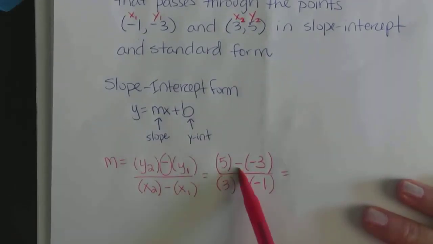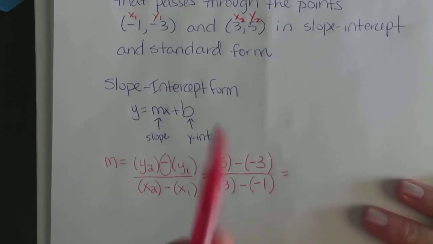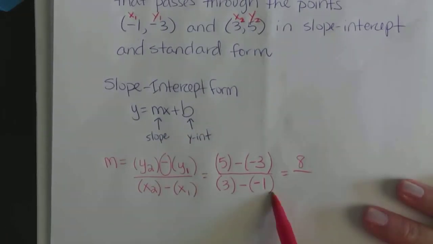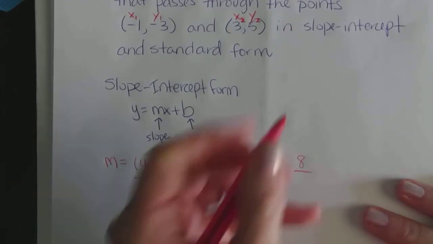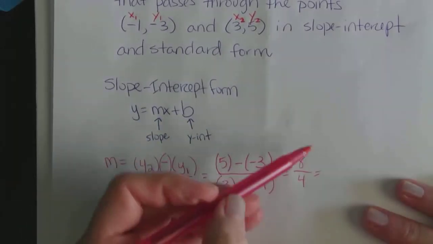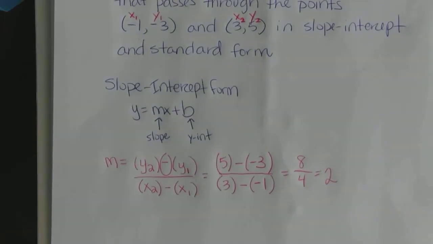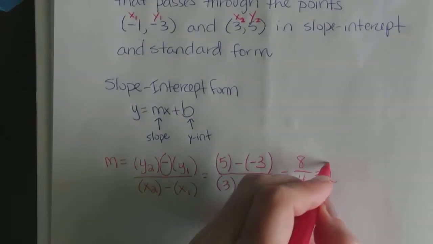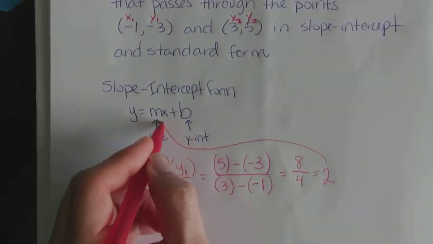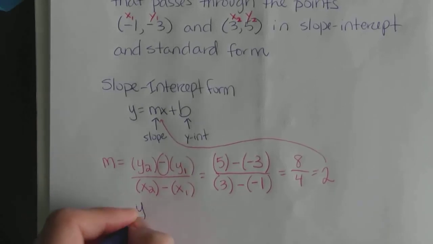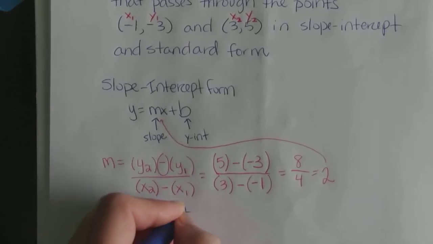And so to finish that off, 5 minus negative 3 is actually 5 plus 3, which is 8. 3 minus negative 1 is the same as 3 plus 1, which is 4. And 8 divided by 4 gives me a nice little slope of 2. So 2 is going to feed right in for that m. So now I'm going to write y equals 2x plus b.